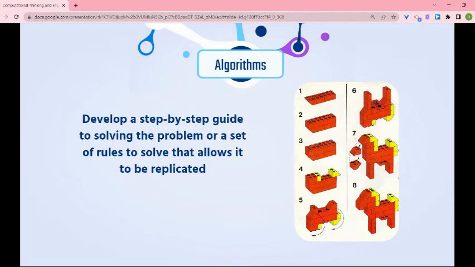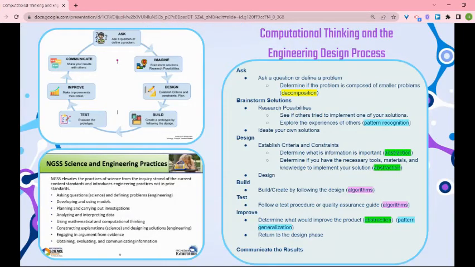How to tie your shoe, that could be an algorithm. Following a recipe is an algorithm. So algorithms are found not only across content, but really across life. And so that is probably the easiest component to really focus on with students.